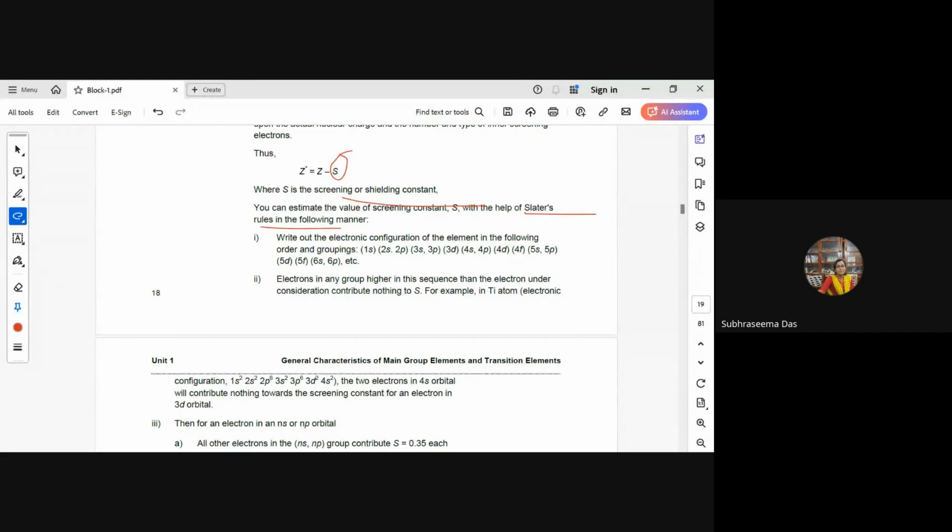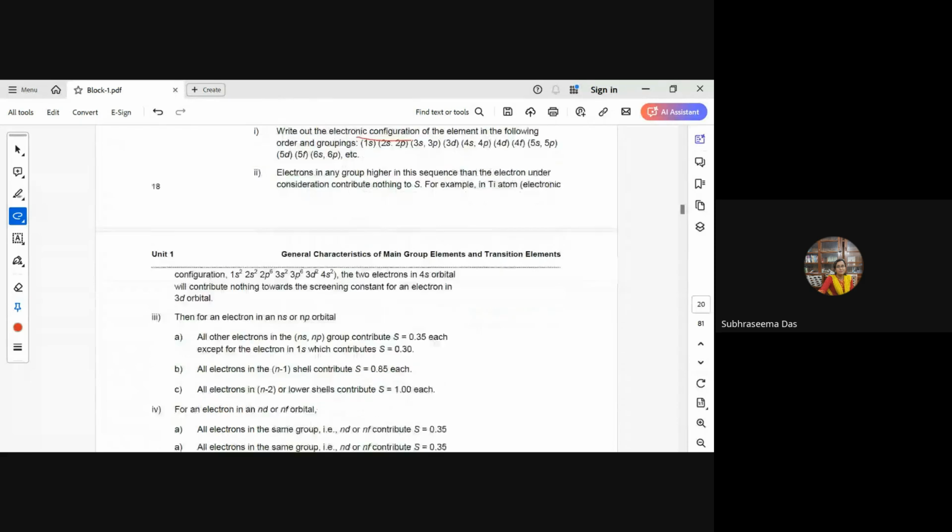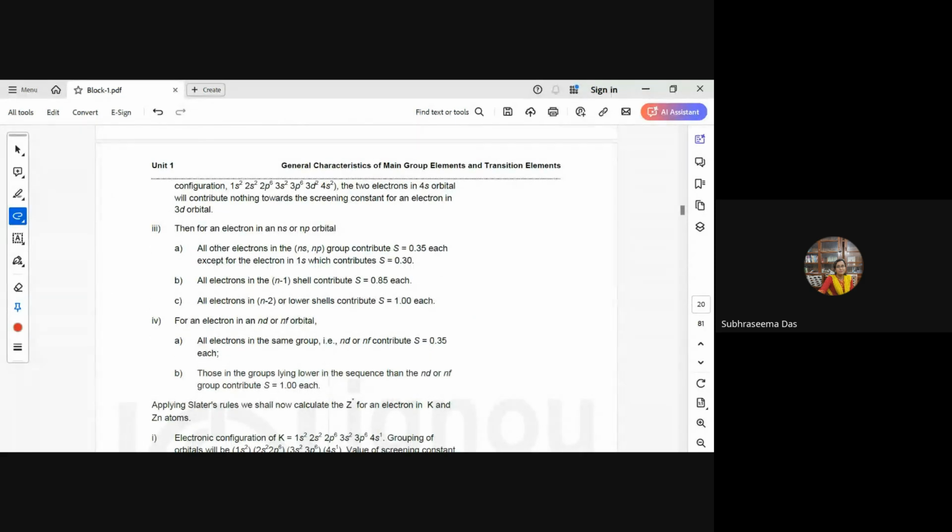We cannot just write randomly, so we have to write it in proper order, following the general rules of writing the electronic configuration. Now we see that electrons in particular orbitals have a particular value.